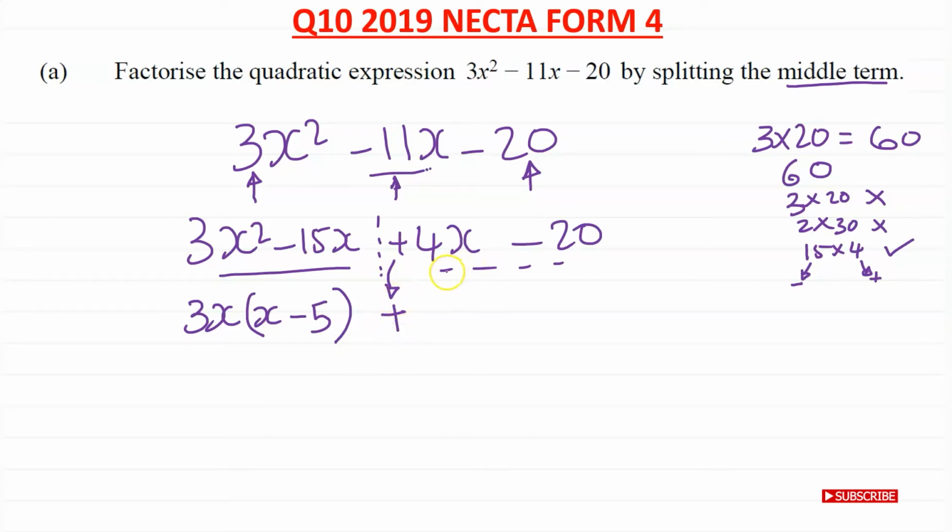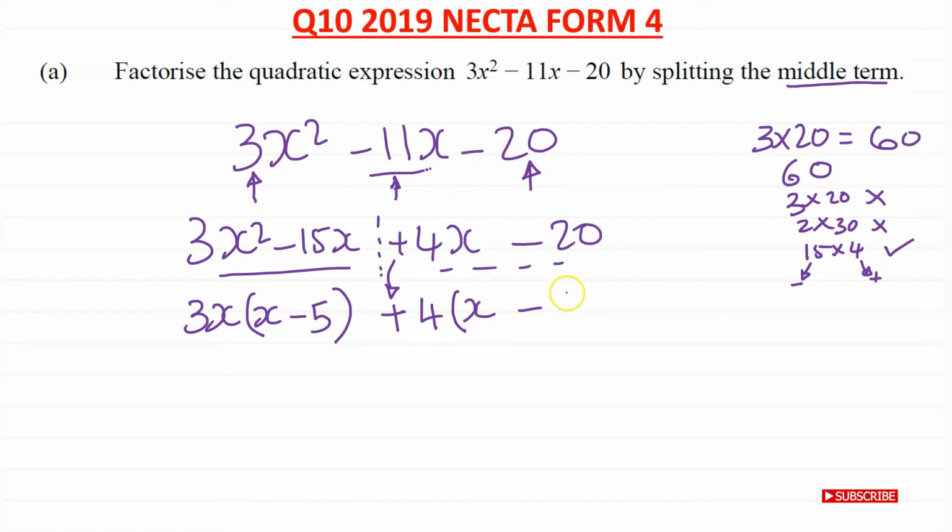Then you look at this: I've got 4x take away 20. What is a common factor? Well, 4 is common here, so I'm going to take 4 out, and then I need an x to give me my 4x. It is negative here, and it's positive out here, so it needs to stay negative. What number will give me 20? 4 times what is 20?